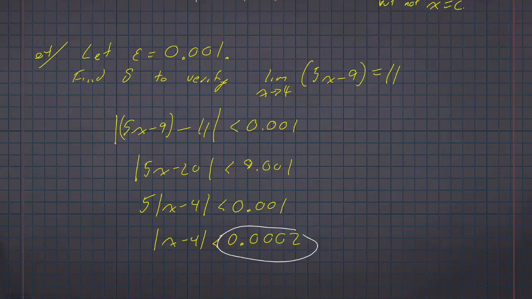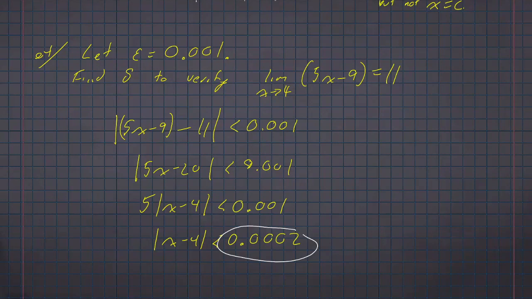And remember that the definition of limits said that if we pick an epsilon, we can find a delta so that whenever the absolute value of x minus c, in this case the absolute value of x minus 4, is less than that delta, then the absolute value of f of x minus L is less than epsilon. So we started with, well, what will it take for f of x minus L to be less than the value of epsilon we picked? We did some arithmetic, some algebra.